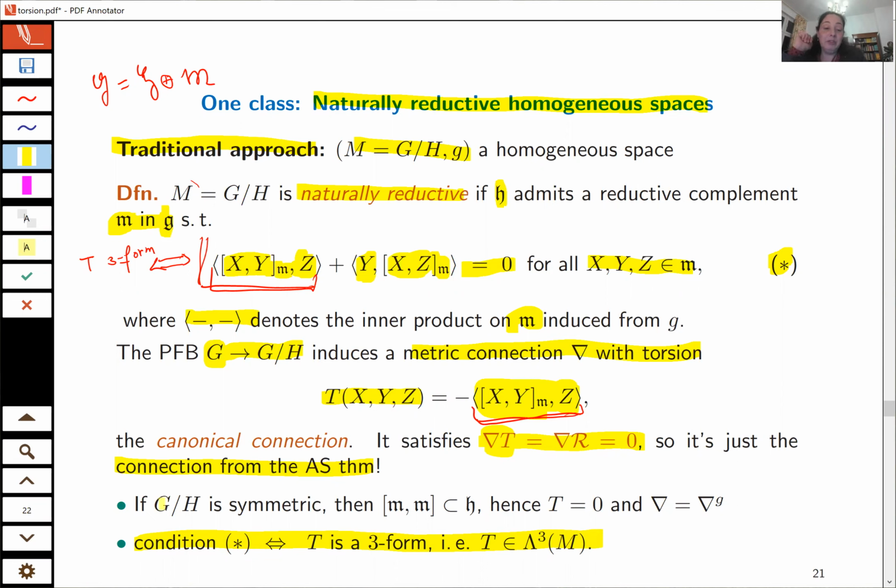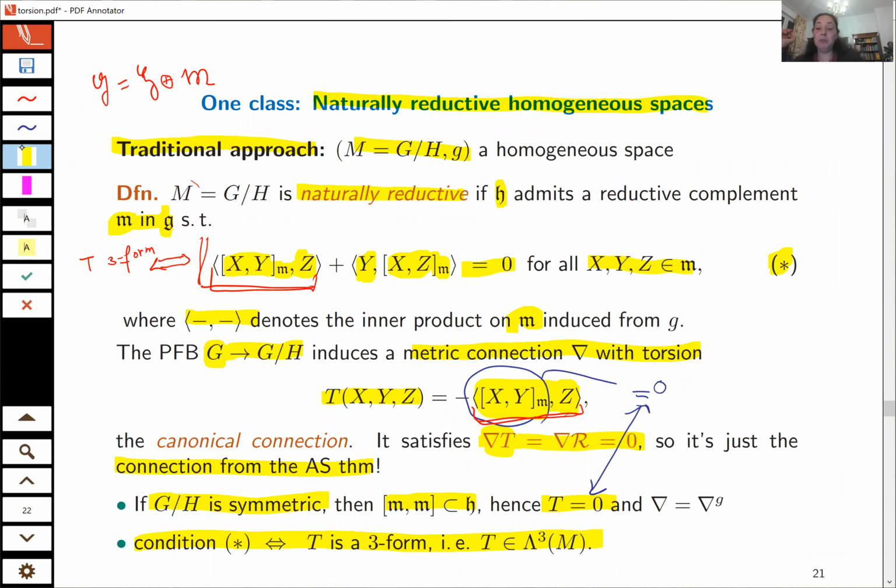And we see also that if G over H is symmetric, and all groups being connected, it means that the commutator of m with m is inside h. But if that's true, then these commutator parts which appear here are going to be 0 in the symmetric space case. Therefore, the torsion is going to be 0 whenever [m,m] lies in h, because then there's no m projection.